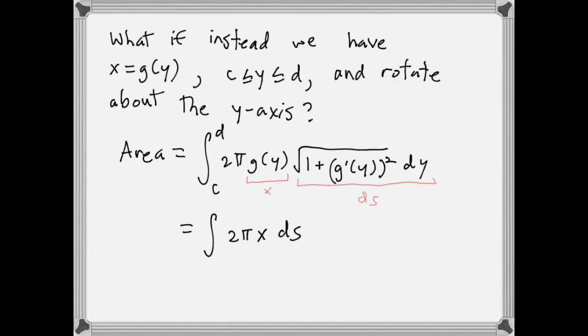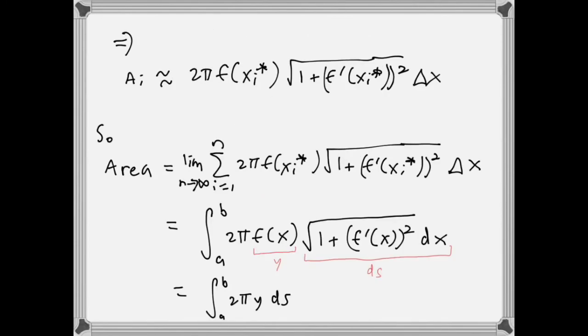So let's summarize everything that we wrote down, because this actually leads to different possibilities of how to do each problem depending on what we rotate around and also what our function is in terms of. Okay, but the thing we want to note as we go back is that when we're rotating it around the x-axis, we end up with a y here. So if we rotate around the x-axis, we actually put a y in there.